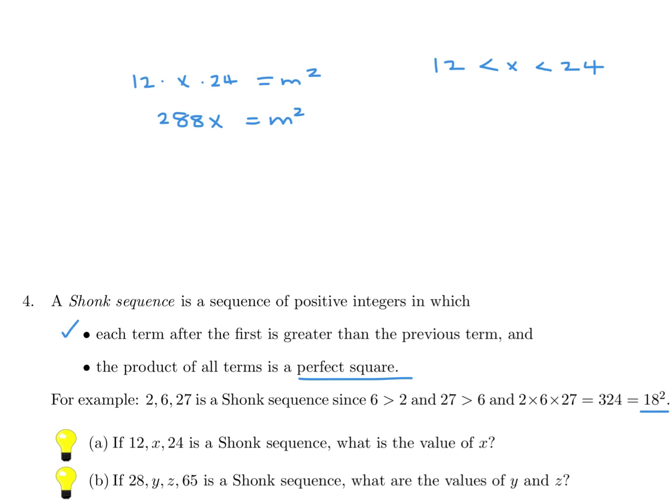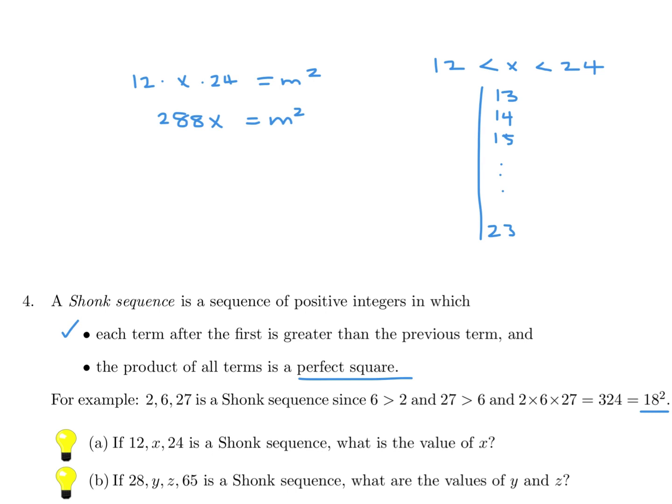Since there's not that many, you can just test out individual values, 13, 14, 15, all the way till 23. That's definitely one way of doing it. And you can sub those in and see, but that's probably a very time-consuming way. Even for this, that's quite a few numbers.